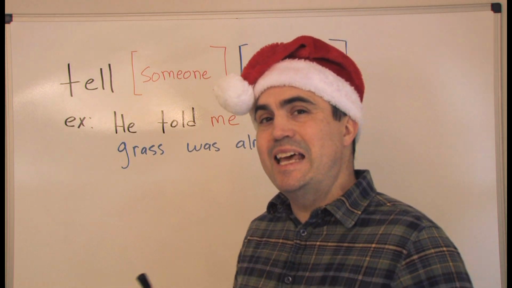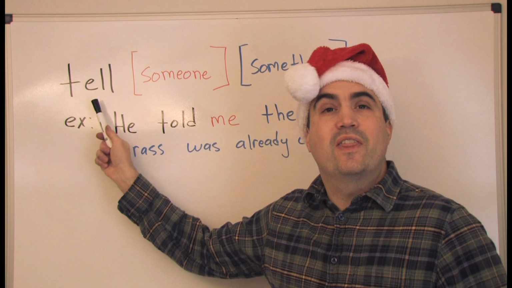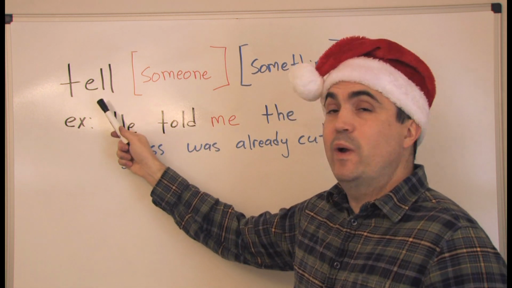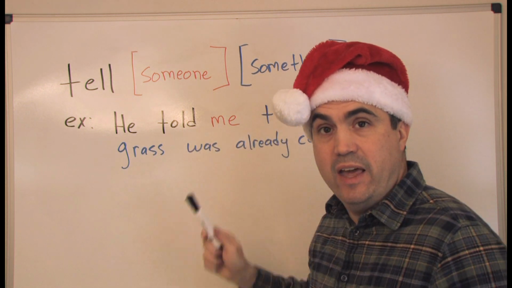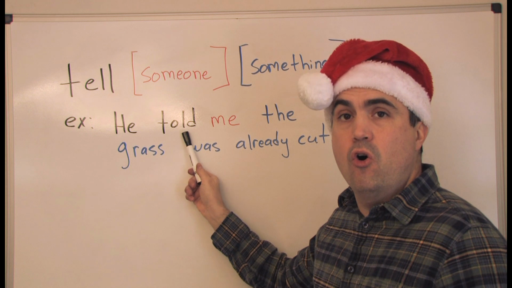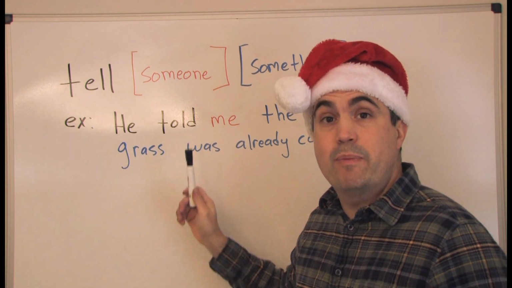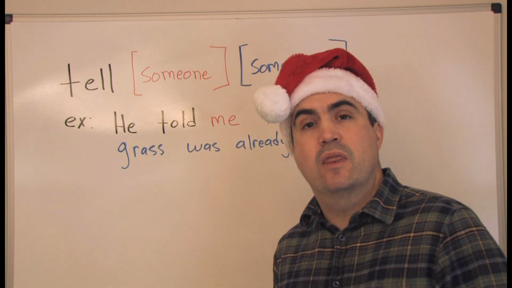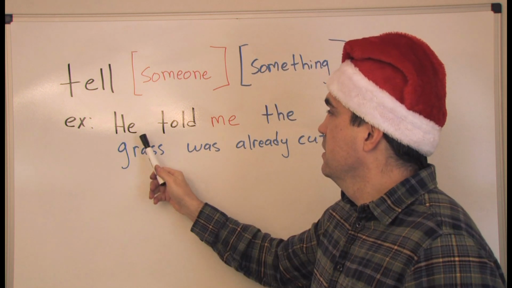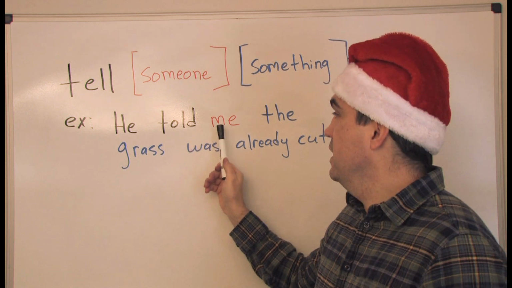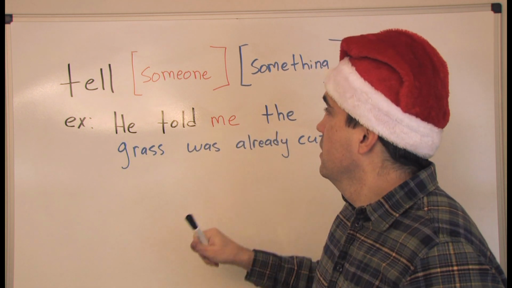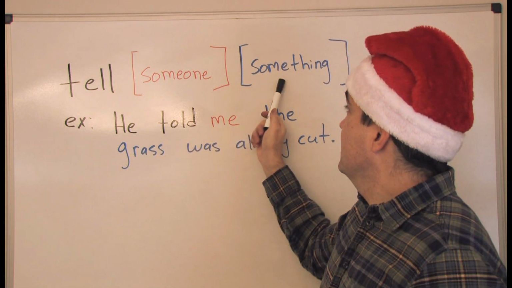Okay, so tell. With tell, we tell someone or we tell someone something. For example, he told me, we'll use the past tense of tell here. The past tense of tell is told. It's irregular. He told me. That's okay by itself. But let's add something.